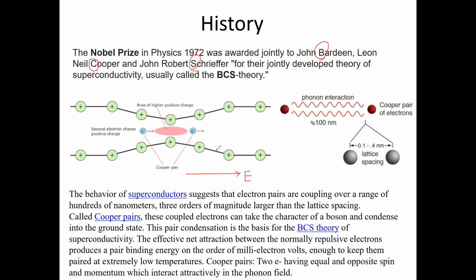And what happened right here? As electrons move this way, they try to attract the ion lattice close to them because they have opposite charges. But the next electron will become attracted to the lattice, or the ion cores, that have gotten closer.